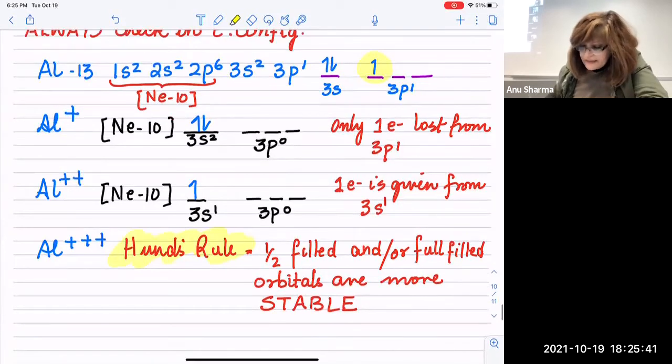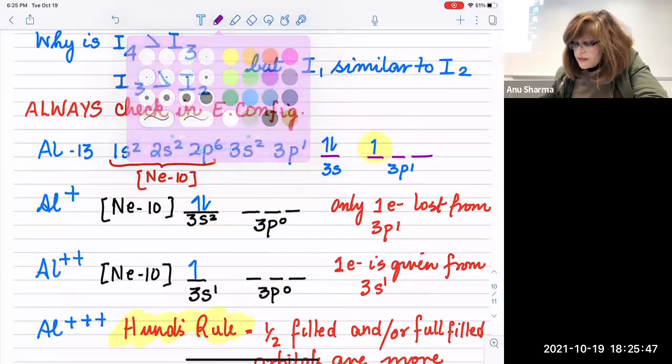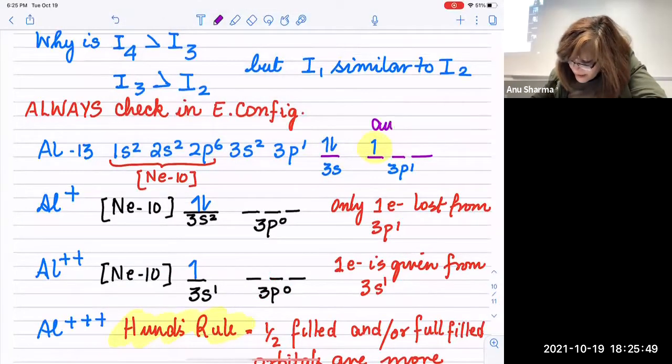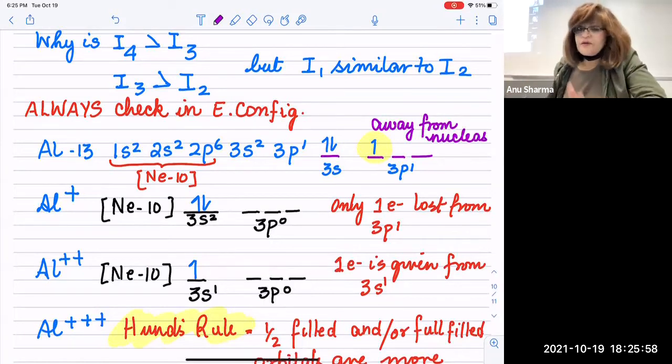Now, this one was half-filled, but here this was away from the nucleus. So this one is further away from the nucleus. So this guy, even though it was half-filled, it's actually not half-filled. The 3p1 is not even half-filled, but it's away from the nucleus. So it's easy to remove that one.